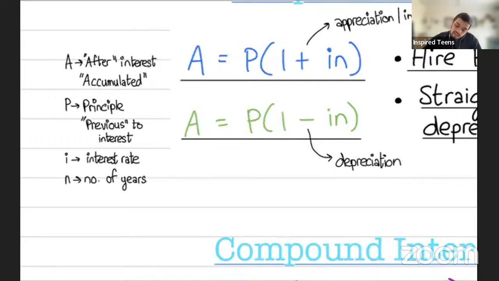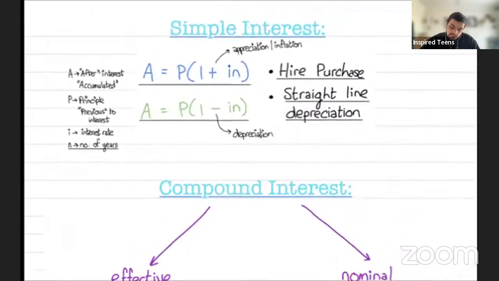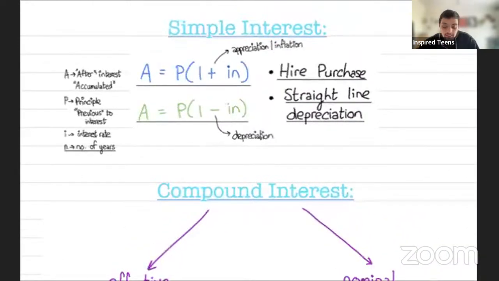For simple interest you are making yearly payments, so the number of payments would be the same as the number of years. Irrespective, number of payments is technically more accurate. So that's simple interest: A, P, i, and n.